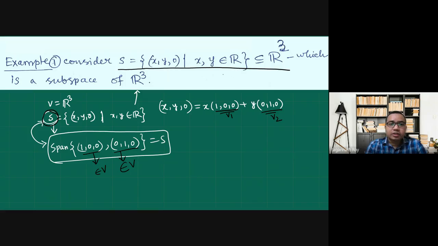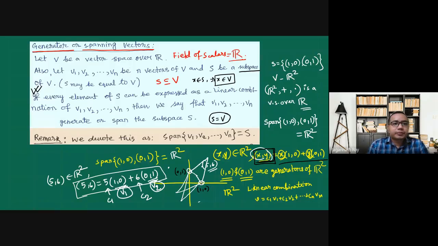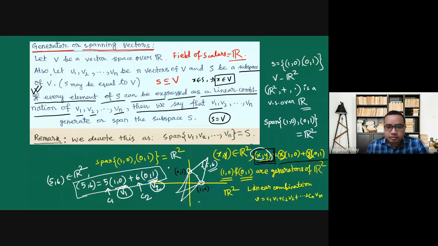The definition says: if every element of S can be expressed as a linear combination of V1, V2 and Vn, then we say that V1, V2 and Vn will span the subspace. That is the definition.